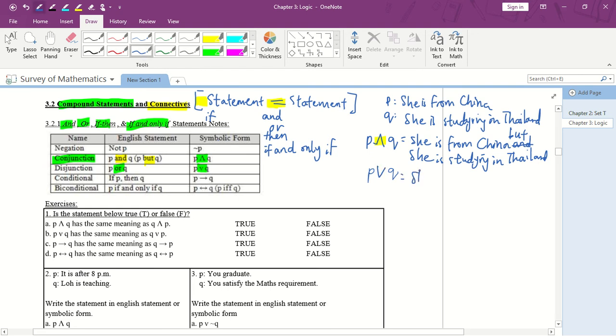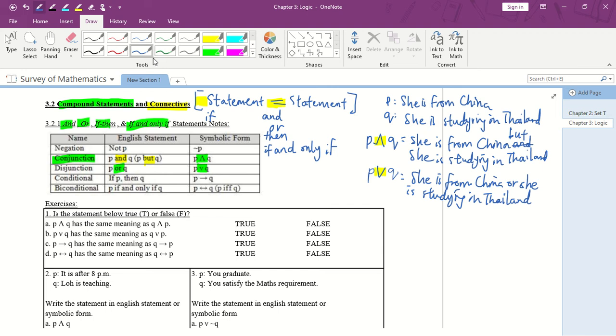So you can say: she is from China or she is studying in Thailand. I hope this makes sense. This is what we call a disjunction.